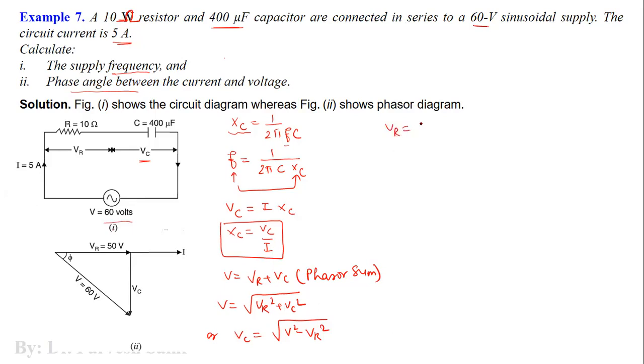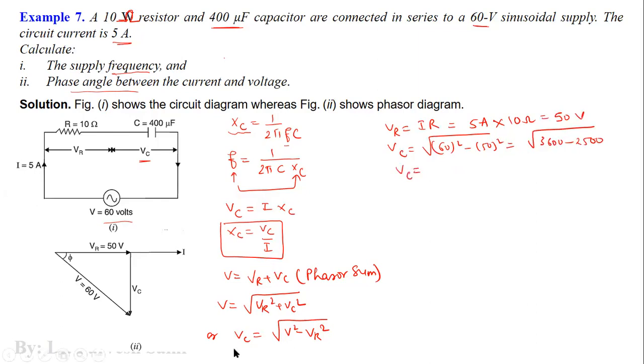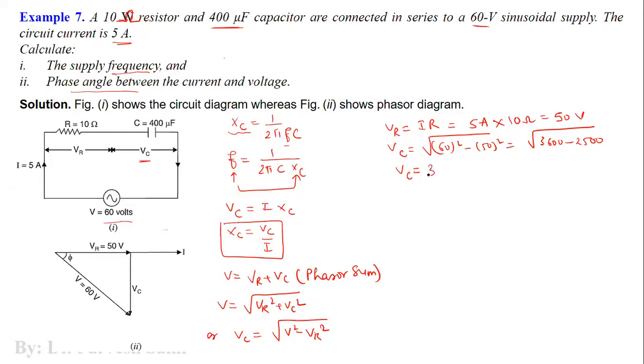VR is IR, where I is 5 ampere, into a resistance of 10 ohms, so it is equal to 50 volt. So Vc is equal to under root 60 square minus 50 square, so it is 3600 minus 2500, which is 33.17 volt. So Vc has come.